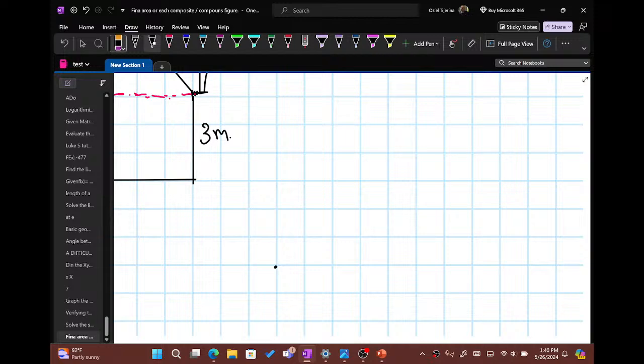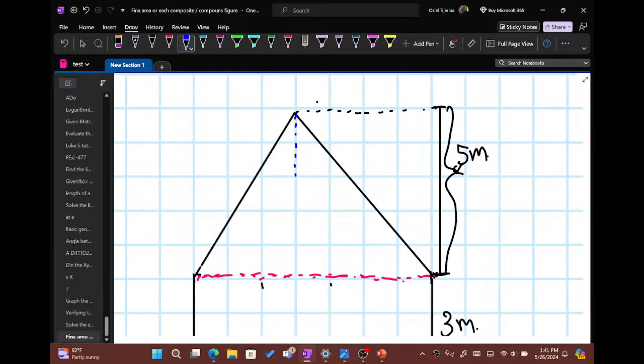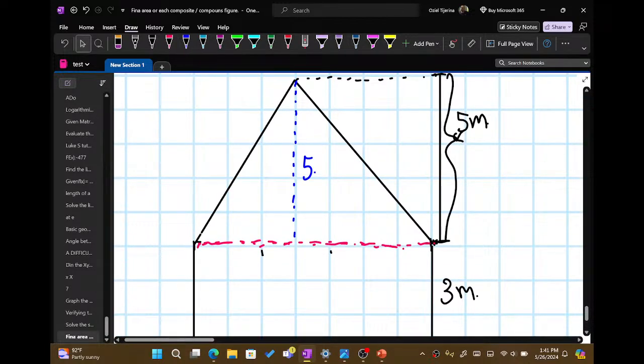So the height of this is obviously 5. The base of the triangle is gonna be 8 meters, and they're both in meters.